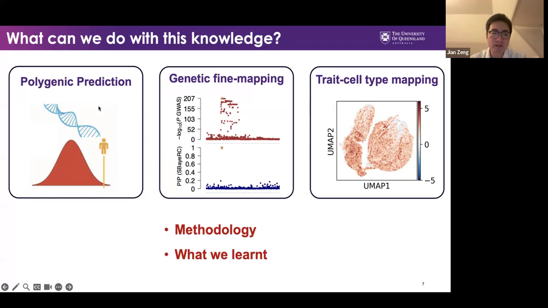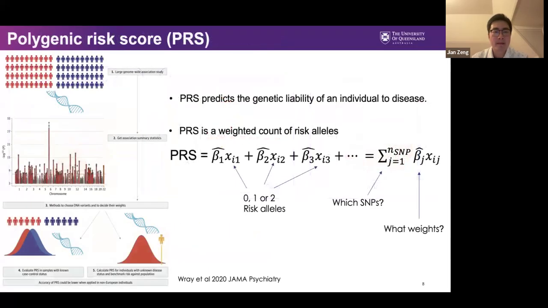For each of the topics, I will talk about the methodology we used and what we have found in the data analysis. Okay, first to talk about polygenic risk score prediction. The polygenic risk score, or PRS, predicts the genetic liability of an individual to disease.